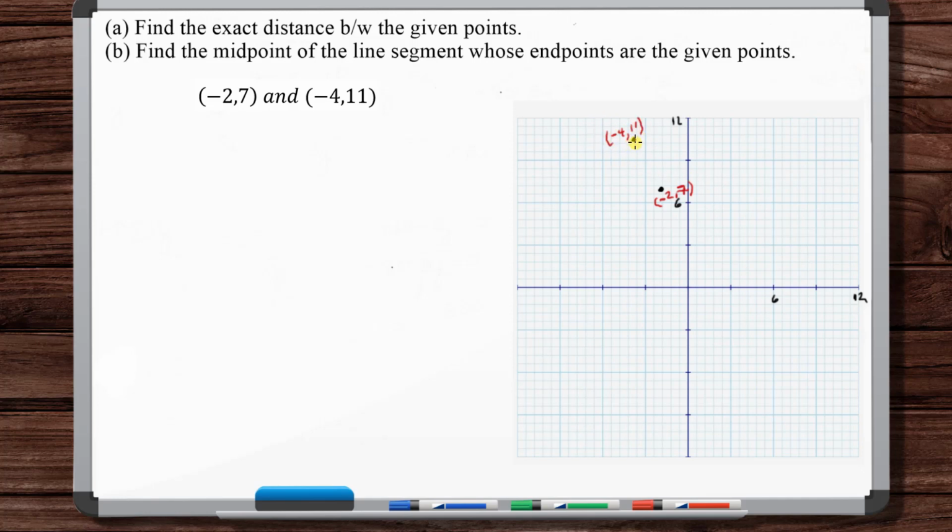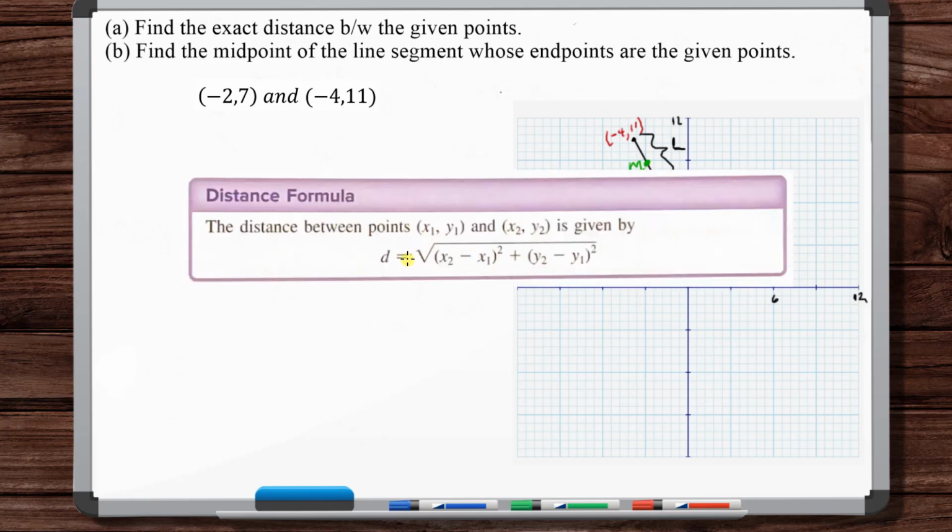Okay, so for part A, the distance between those 2 points is the length of this line. So we need to find this length, L, and then the coordinates of the midpoint of this line, so the coordinates of M.